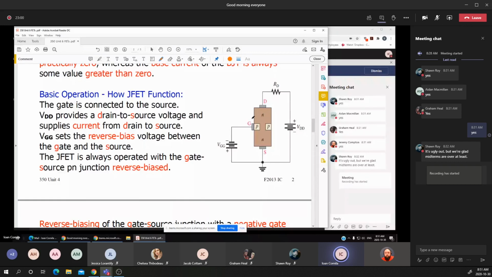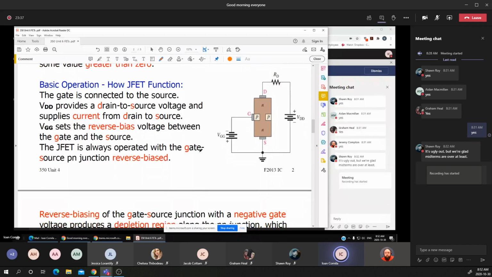How will it affect the depletion region created in the N semiconductor? The depletion region will become wider on the upper side, or the D terminal of the semiconductor, and it will become a bit smaller on the side where the source terminal is connected to the channel or to the substrate.